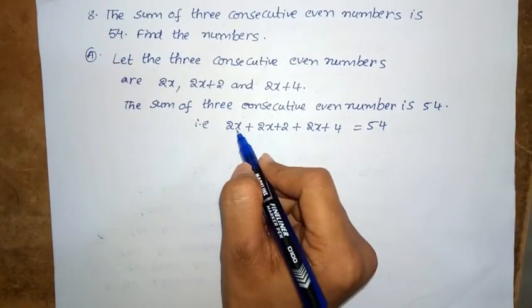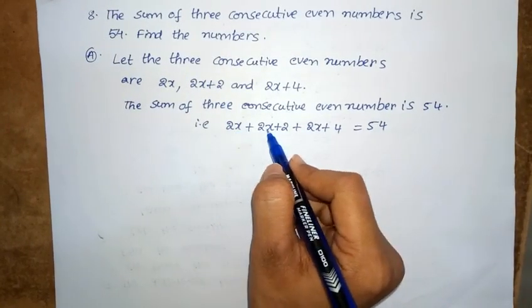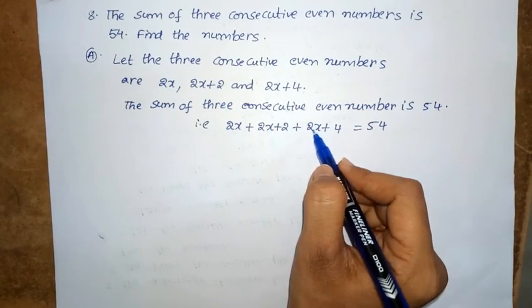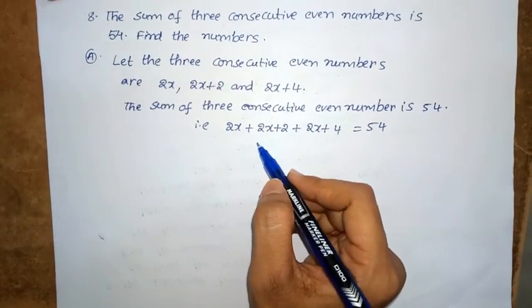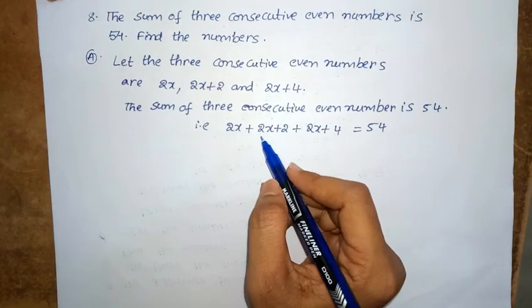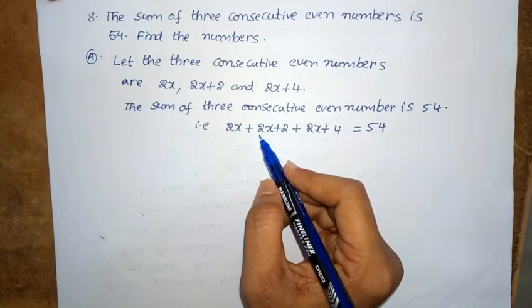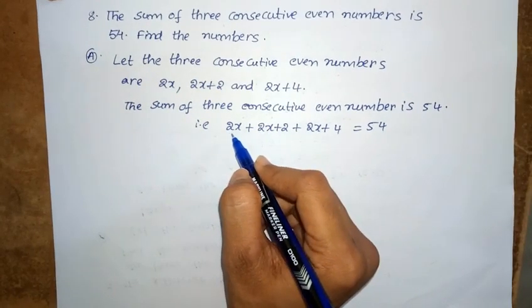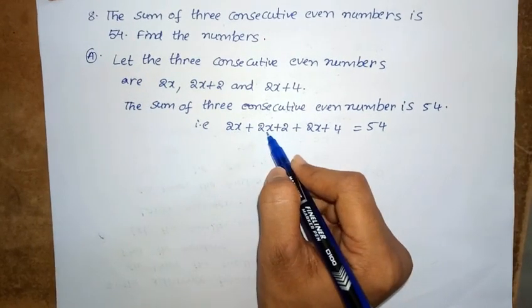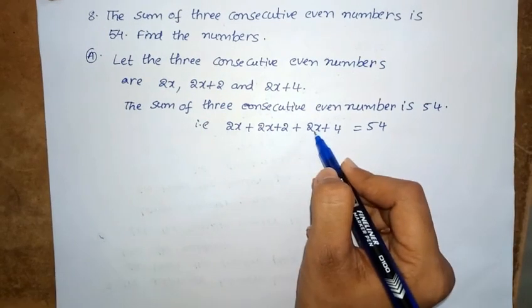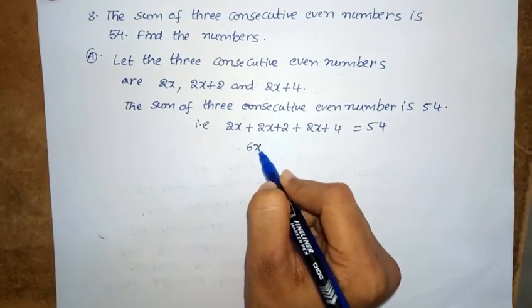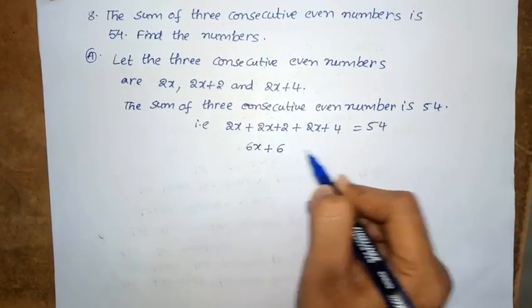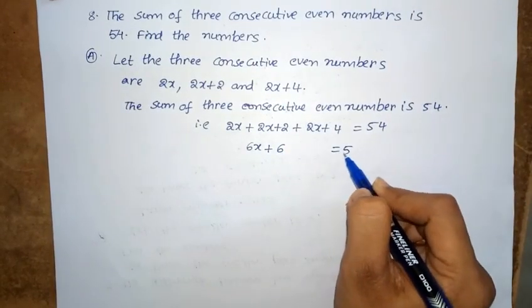Here add all variable terms: 2x plus 2x equals 4x, 4x plus 2x becomes 6x. So 6x plus 2 plus 4 becomes 6. So 6x plus 6 is equal to 54.